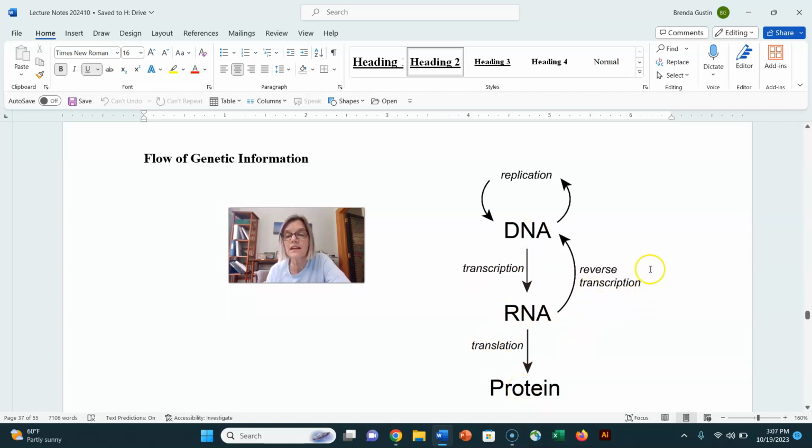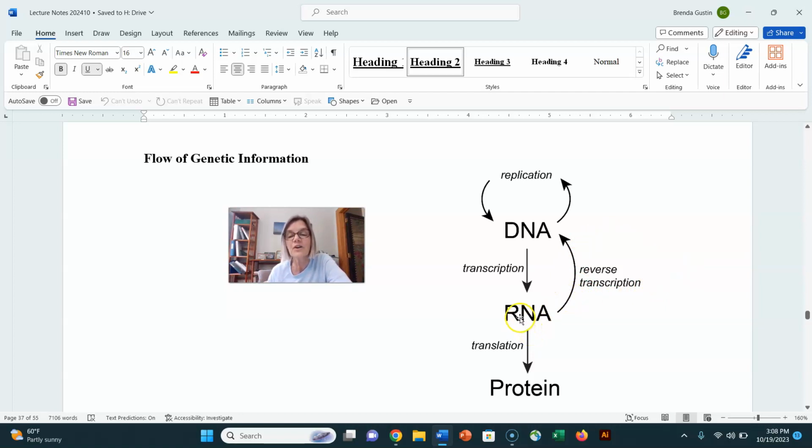Now I have one crazy thing here, and that's something going backwards, where we have RNA going backwards to DNA. Remember, we have some viruses that don't have a DNA genome, they have an RNA genome. So when they need to make proteins, some of these RNA viruses actually have a unique enzyme called reverse transcriptase, reverse of transcription.